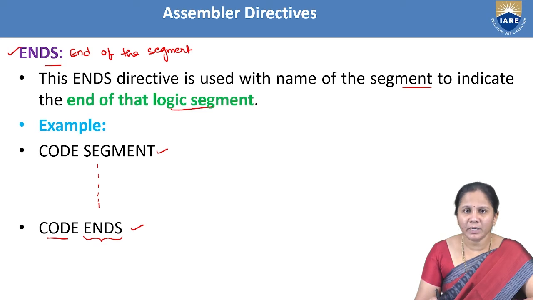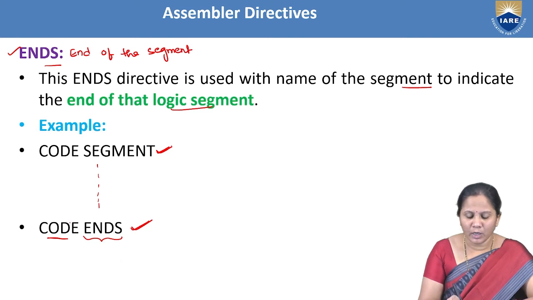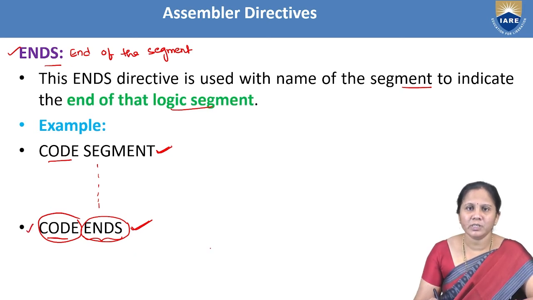If it is the data segment, you write the data segment name, and after the lines related to the data segment, the last line should be the data segment name followed by ENDS. For each logical segment we use, you end it by writing the logical segment name along with the assembler directive ENDS. So if the code segment is used, we end that segment with CODE ENDS; if the data segment is used, we end it with DATA ENDS.